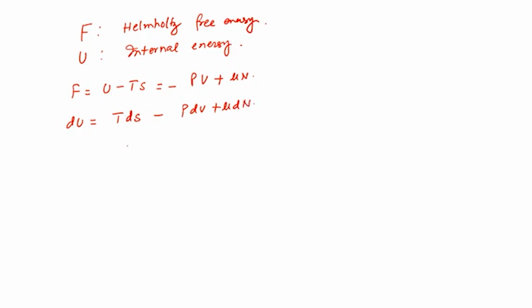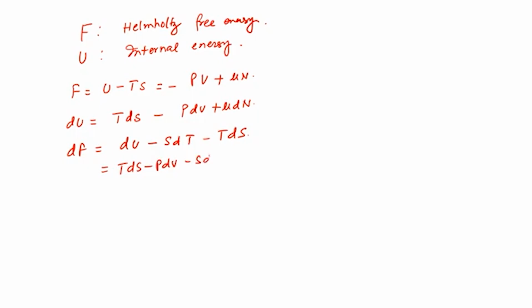So, this is for the dU, and for the dF it is equal to dU minus S dT minus TdS, and again we use dU equal to TdS minus PdV plus mu dN.